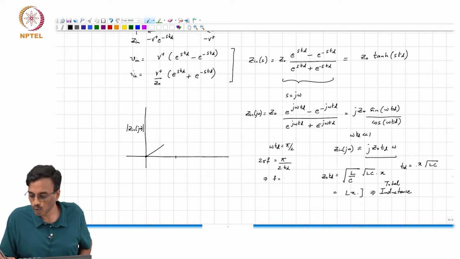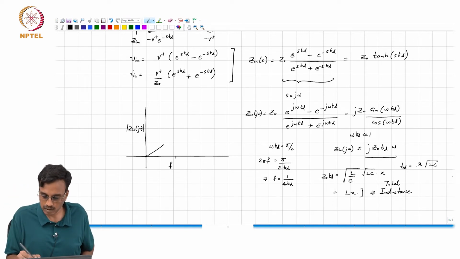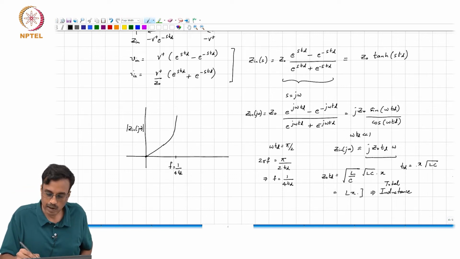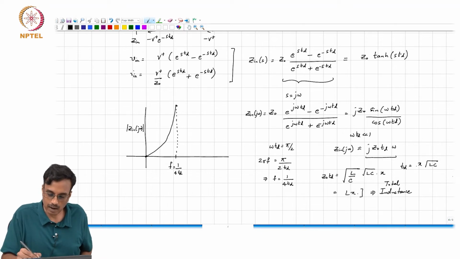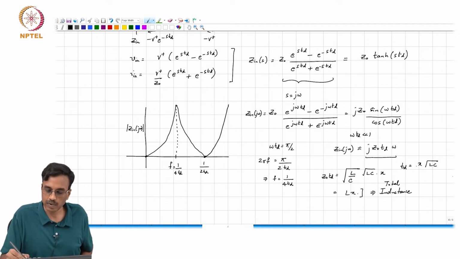F is nothing but 1 over 4 times Td, right. What happens? Well, the magnitude of the impedance goes to infinity, okay, and at 1 over 2 times Td, it comes back to 0 and then again goes up.